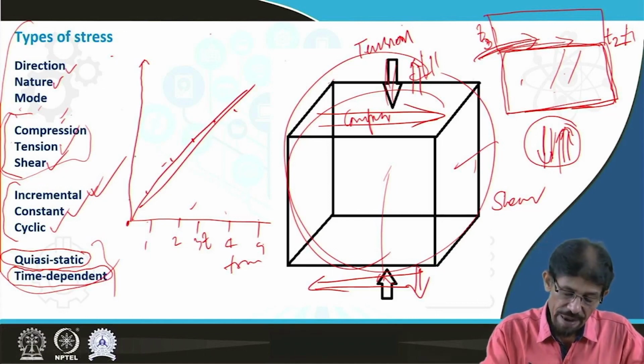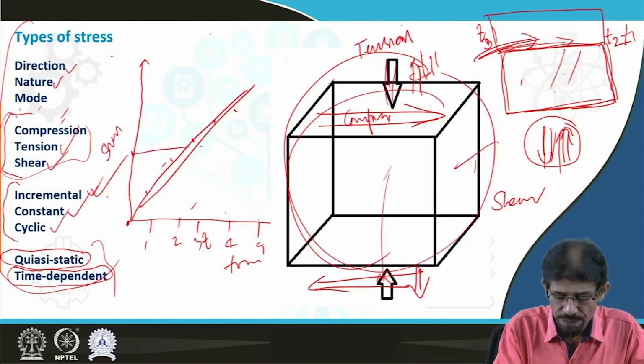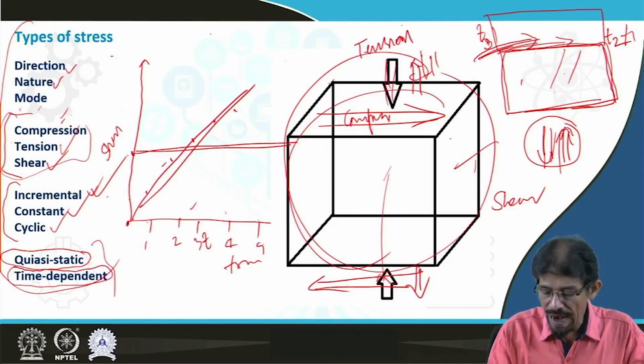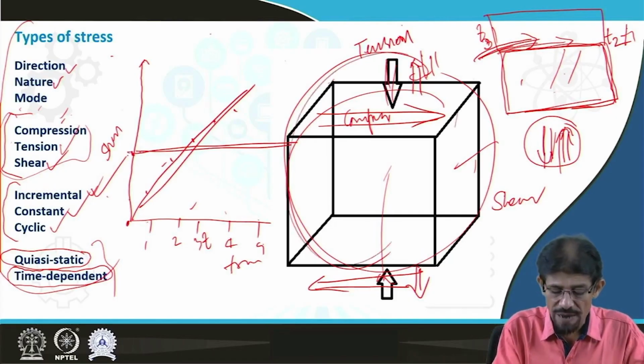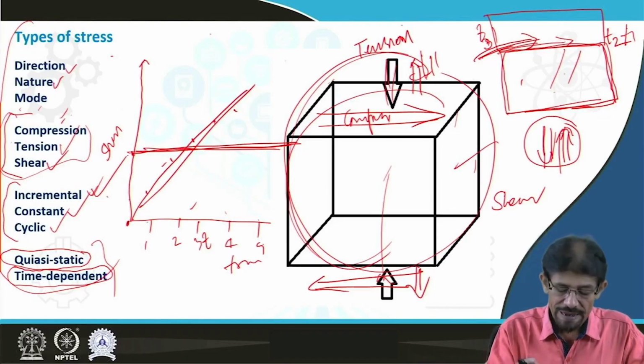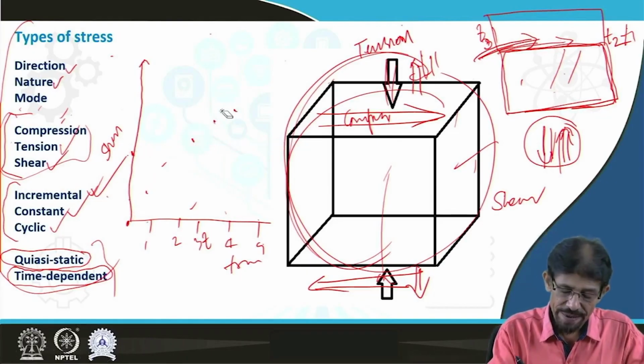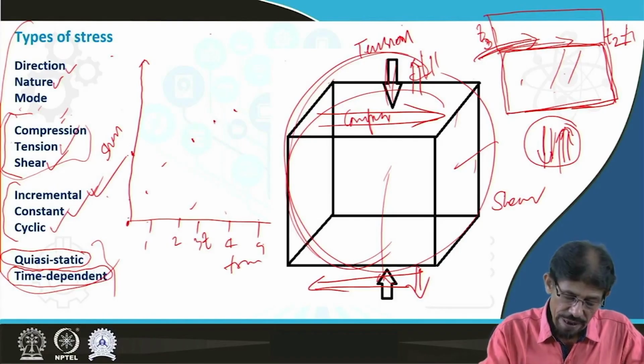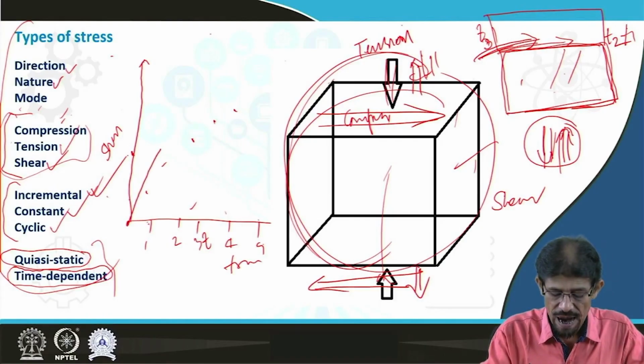Constant, we have some constant value, and this body is subjected to a constant stress. In another case, at time 0 there is an increment in stress up to T1, and then at the end of T1 there is a fall in stress.